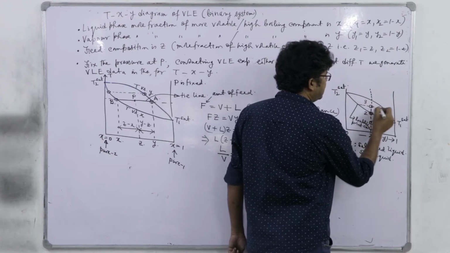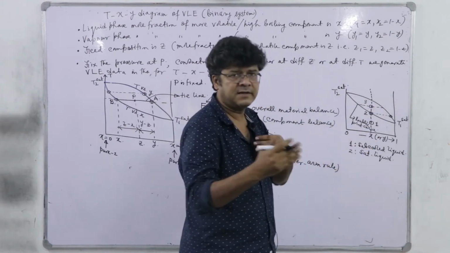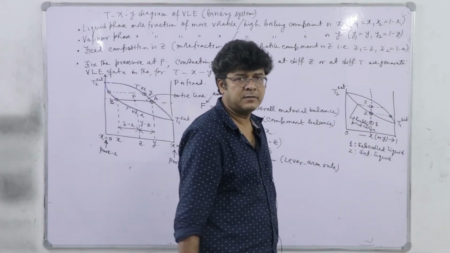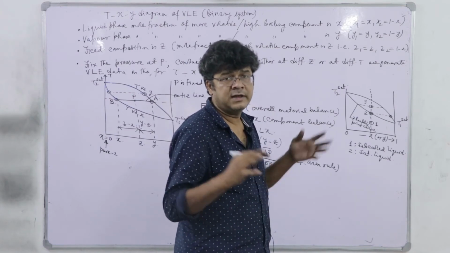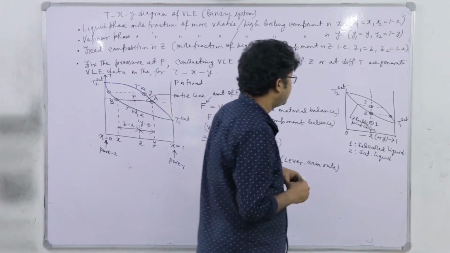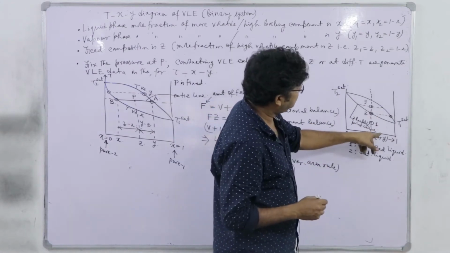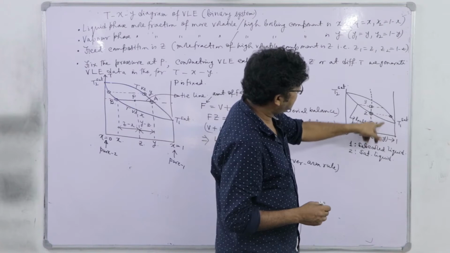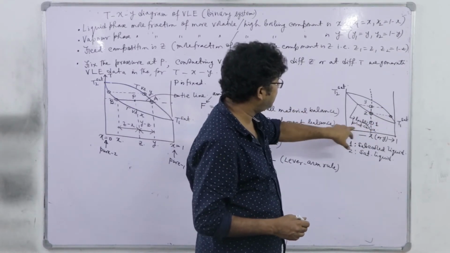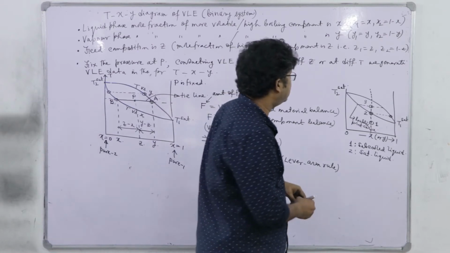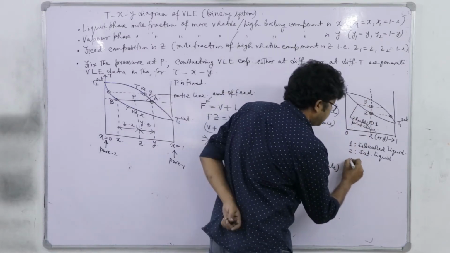So, it will split into 2 phases with a relative separation of the 2 components upon vaporization, and the same principle we actually explored in the process of distillation, right. Because the vapor phase, we are getting this understanding, will be rich in the more volatile component, whereas the liquid phase is rich in the less volatile component. So, the phase 3 is 2 phase.